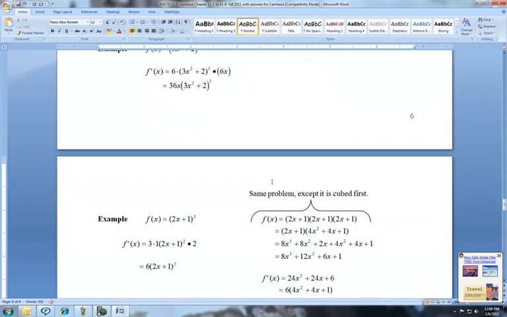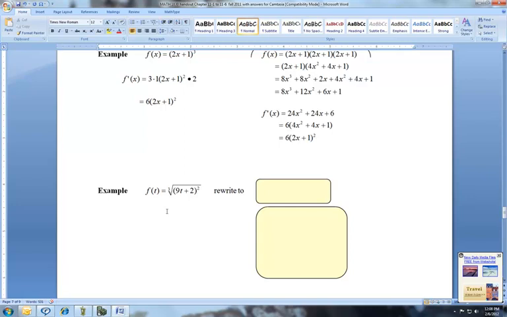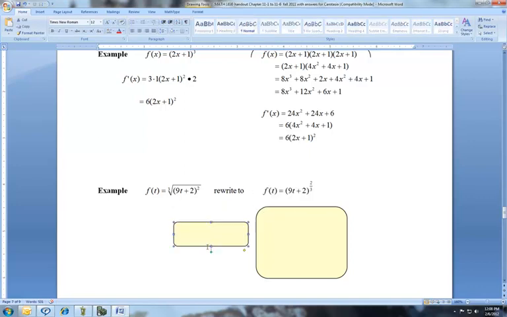Let's look at this next one. I see a radical. I don't care what the problem is. If you've got a radical you're going to have to rewrite. So this is going to be the quantity 9t plus 2 raised to, do you remember? Should be 2/3. There it is. Now it's in the correct form. My constant's 1.